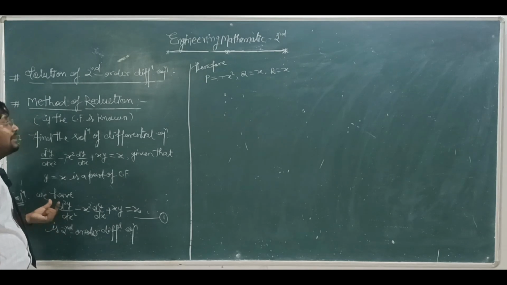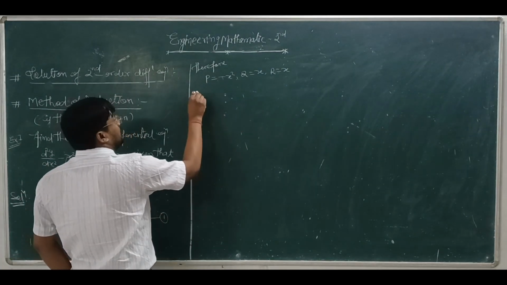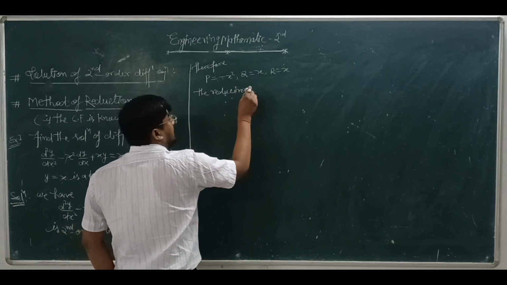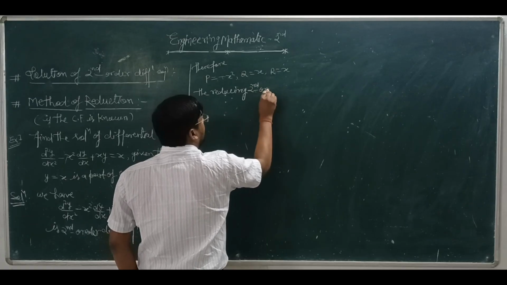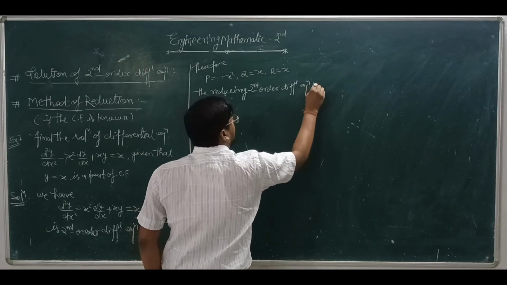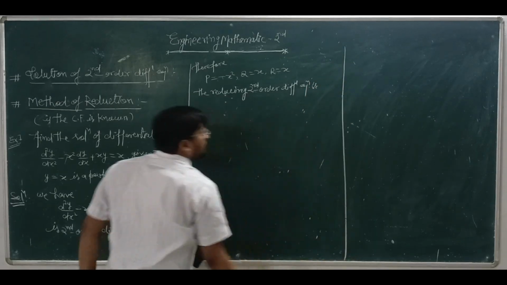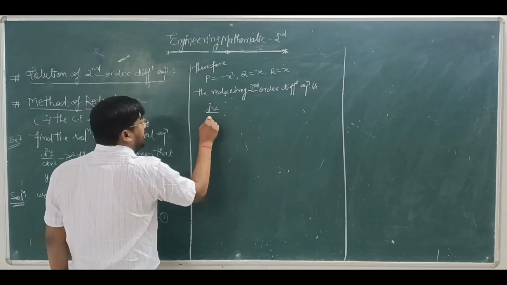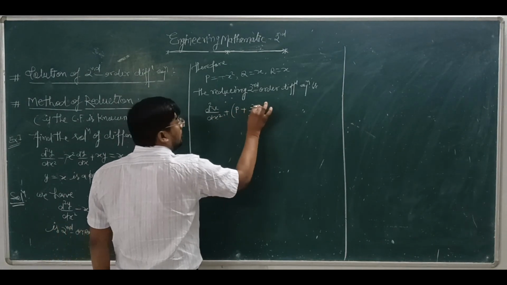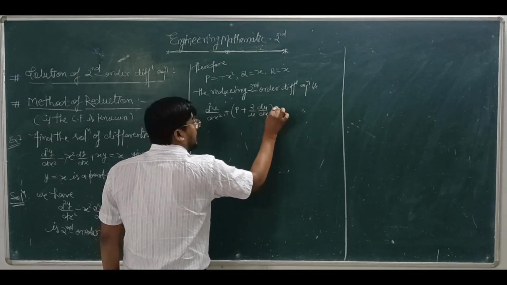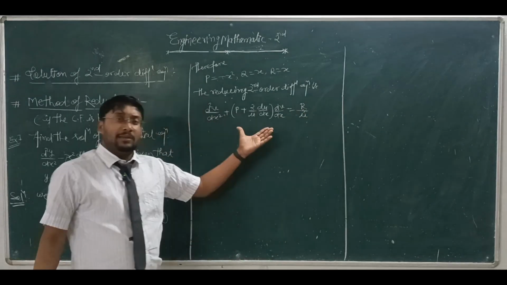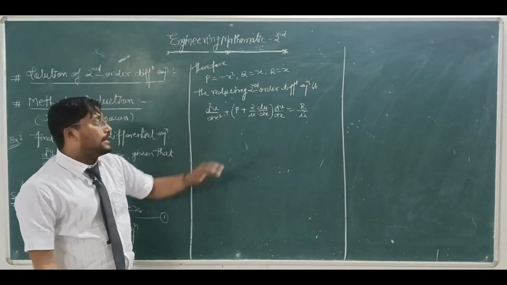Now, the reduced second order differential equation is d2v of dx2 plus p plus 2 upon u du of dx into dv of dx is equal to r by u. This is given and we know that.